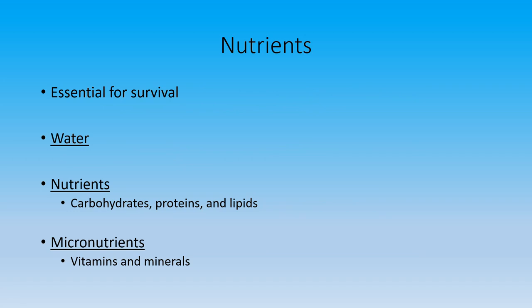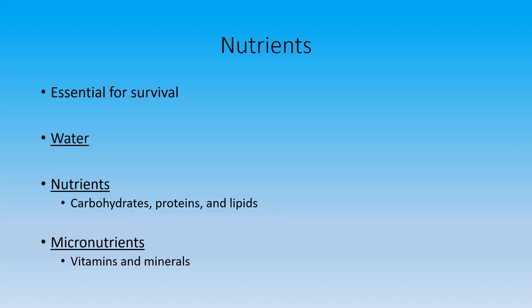Nutrients are essential for survival. There are 3 broad categories of essential nutrients: water, your nutrients such as carbohydrates, proteins, and lipids, and then micronutrients such as vitamins and minerals. Micronutrients are needed in just very small, minute amounts, which is why they're called micronutrients.